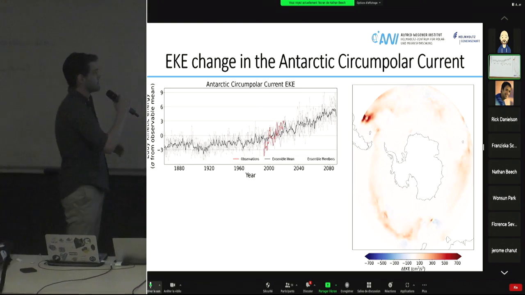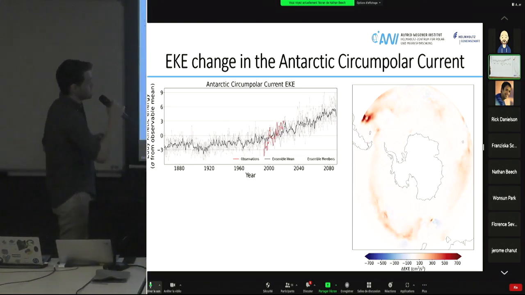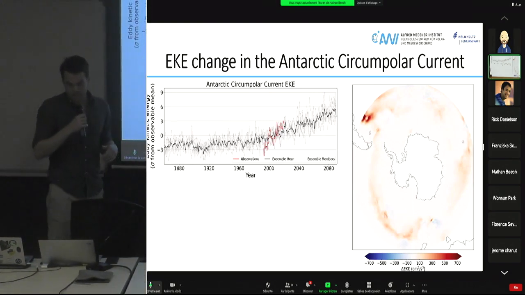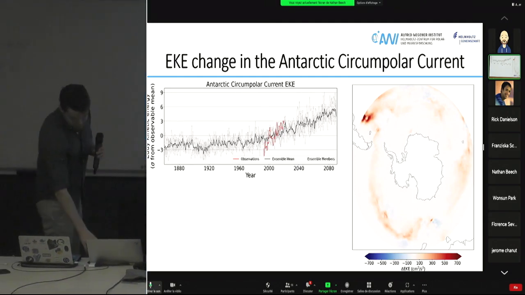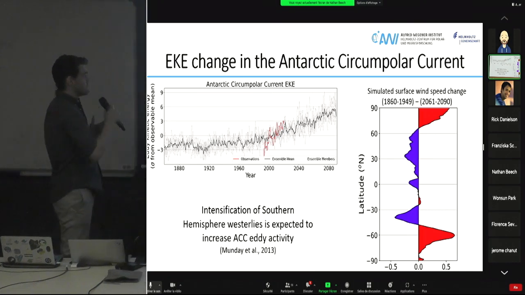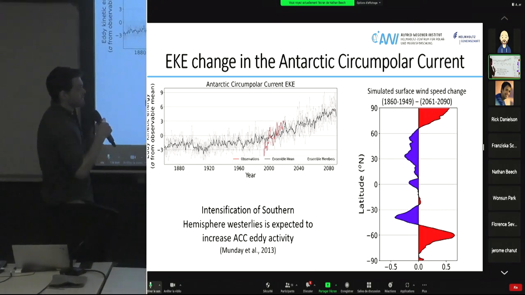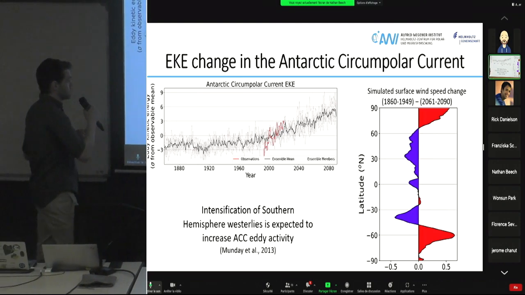The last region that I'll go over today is the ACC. Here we have another substantial increase in eddy activity. And the reason for that is expected to be the intensification of southern hemisphere westerlies.